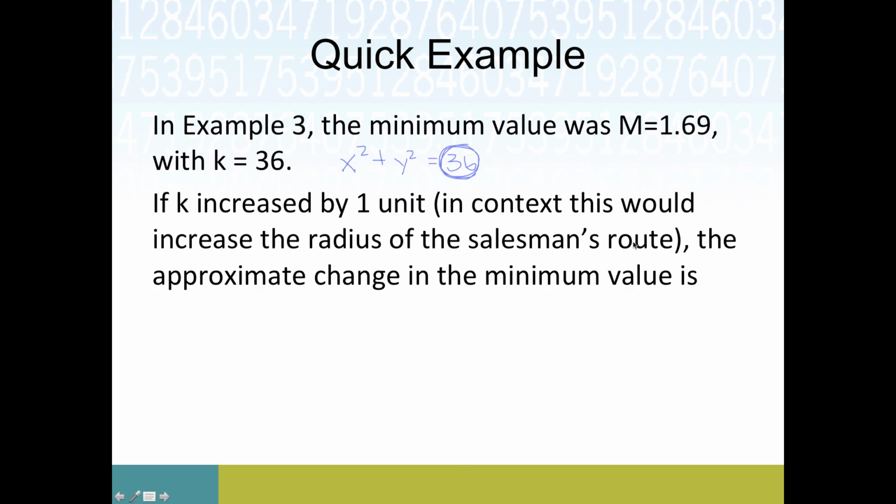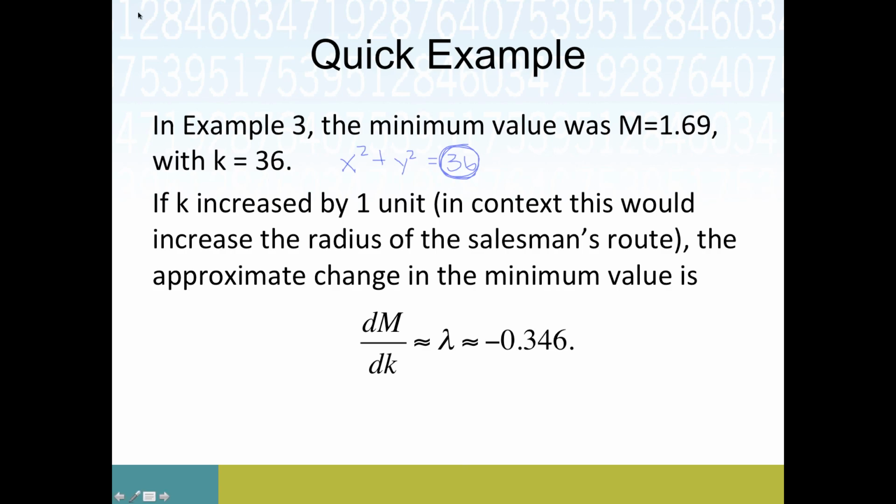It turns out that this Lagrange multipliers thing gives us an approximate rate of change. So it says, if we want to know how much this minimum value would change, right now it's 1.69, if we increase the radius, so the salesperson's path around the center of the city gets slightly larger.